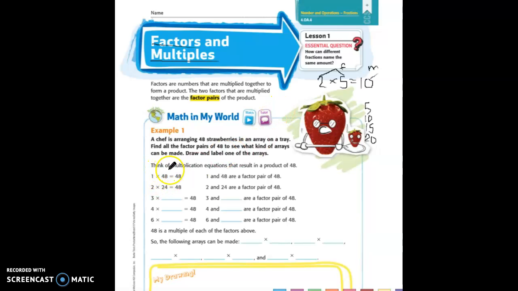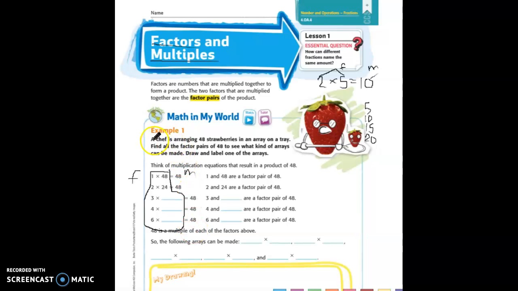So as we're looking at these problems that they've given us here, everything in this box will be which? This will be all factors. And in this case, the multiple is all the same, because the multiple each time is 48.